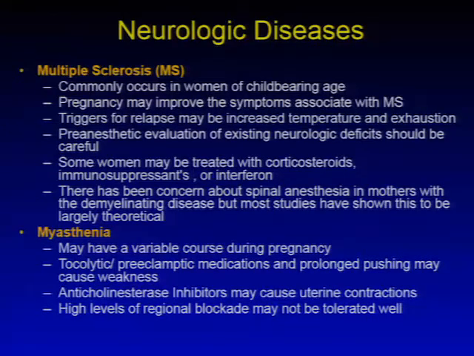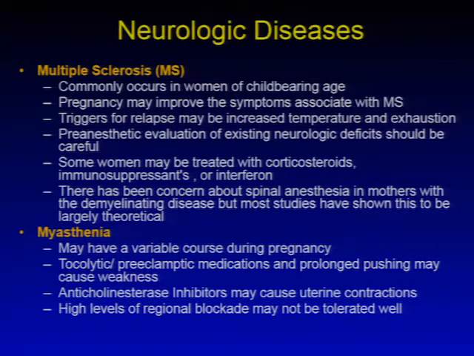Other neurological diseases associated with pregnancy include multiple sclerosis and myasthenia. Multiple sclerosis is very common in women of childbearing age, and pregnancy may improve the symptoms. Triggers for problems in women with MS may include hyperthermia and exhaustion, however.